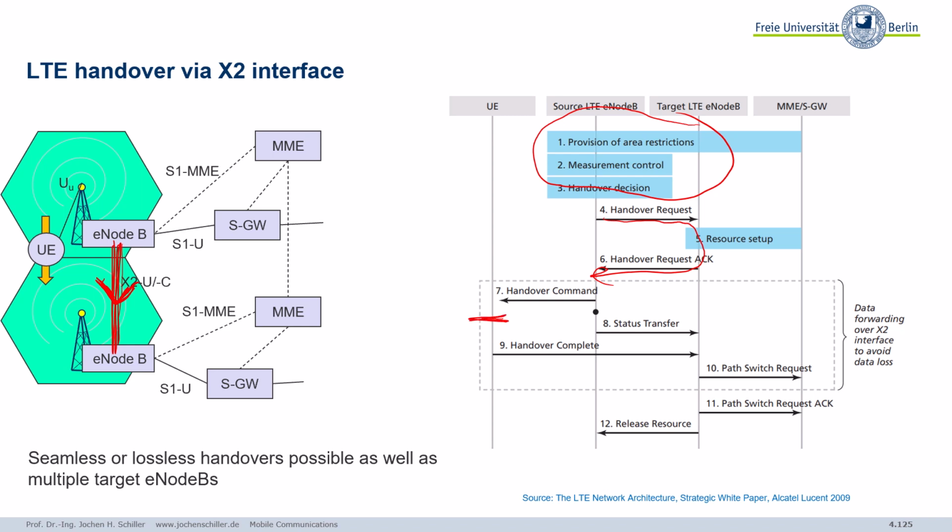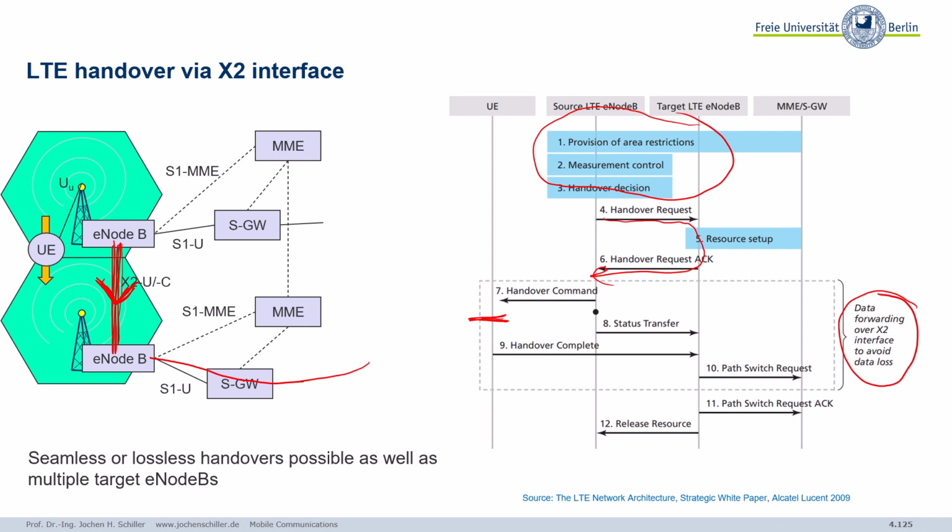Hard handover, but then basically within this dashed box, we do this data forwarding using the X2 interface, avoiding data loss. That's the idea. And then we complete the handover and do some final things like resource release and switching paths, etc. So that's the idea, that we can perform a handover with the support of the X2 interface, and then the future packets will then be routed via whatever, depending on what is the optimal path inside the network.